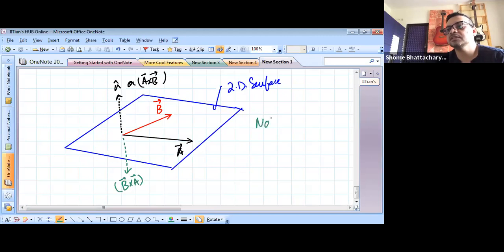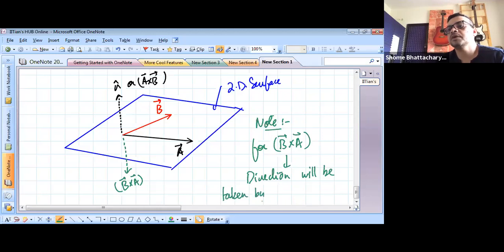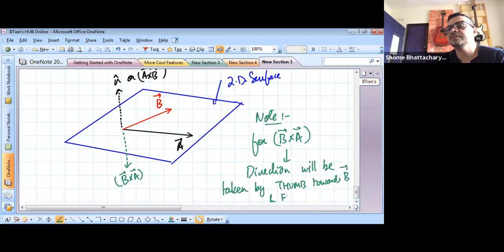That's the next point we'll understand, that for B cross A, the direction will be taken by thumb towards B and fingers towards A. So whichever vector comes before the cross product, that is where your thumb is pointing.